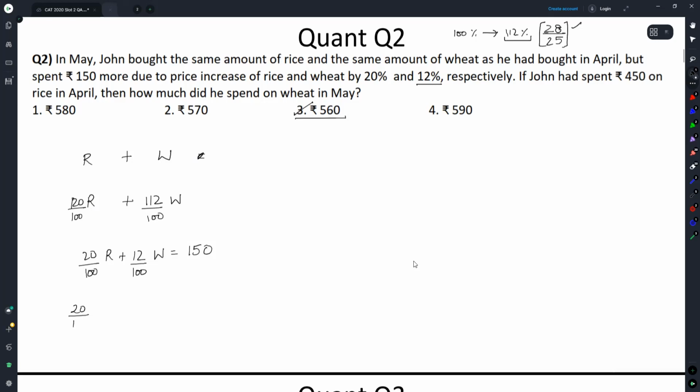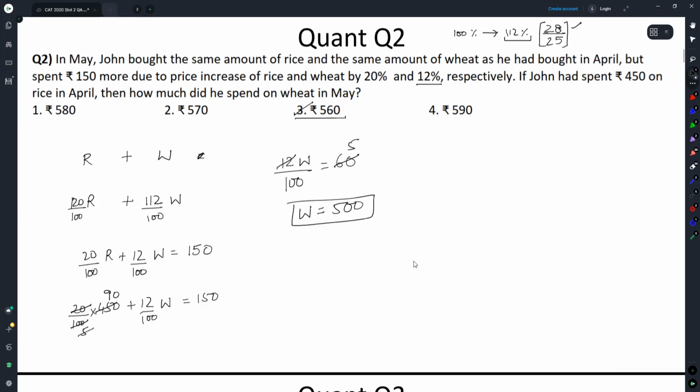So 20 by 100 into 450 plus 12 by 100 into W is equal to 150. Cancel, cancel, 5, cancel, 90. 12 W by 100 is equal to 60. Cancel, cancel, 5. So the price of wheat initially is 500.